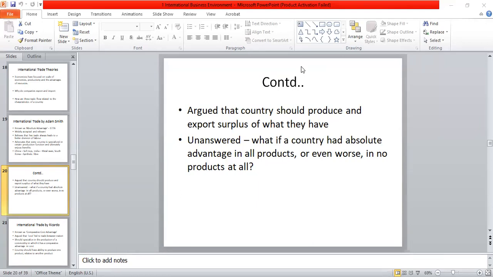So there we need to understand demand across the globe. If there is no demand, then absolute advantage, though it is given by Adam Smith, cannot be taken that way. Are you getting this point?